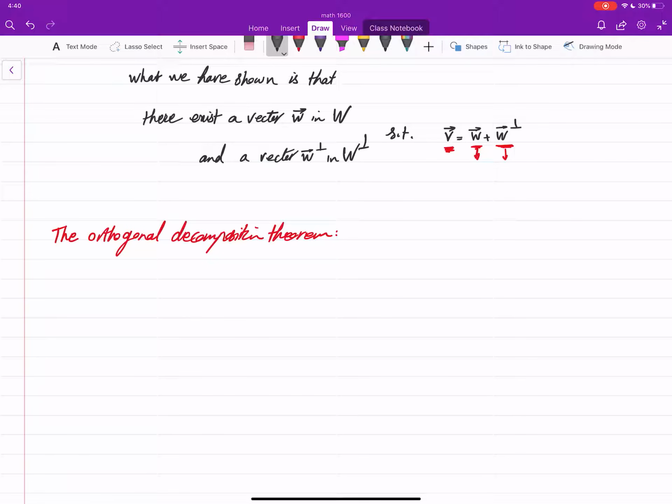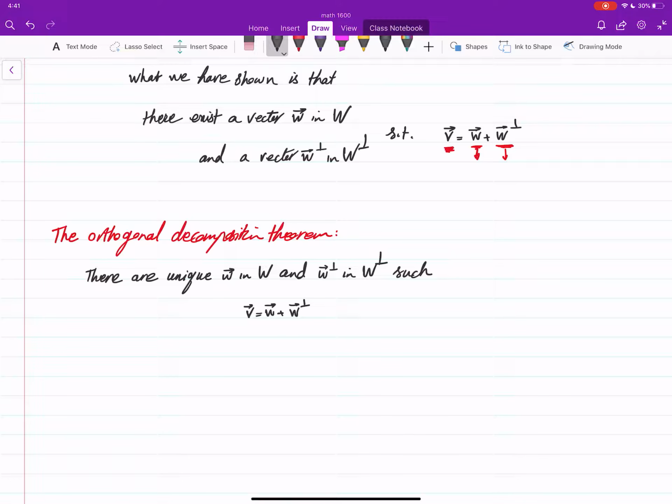So with the assumptions above, there are unique vector w in W and vector w perp in W perp such that V is equal to vector w plus w perp. The proof of uniqueness is not that difficult. You can check it in the proof.